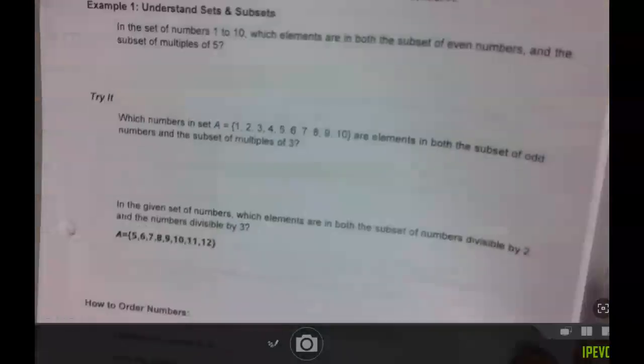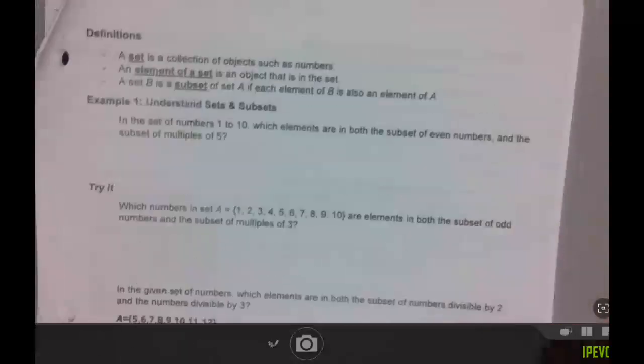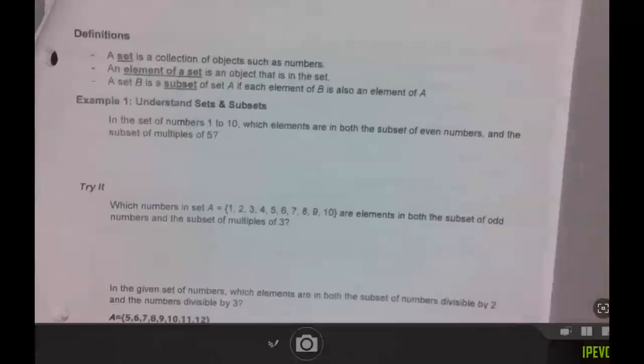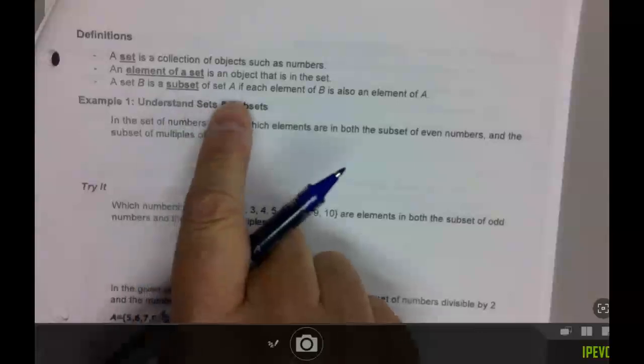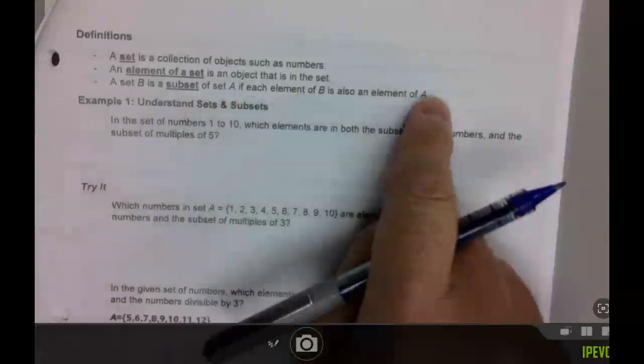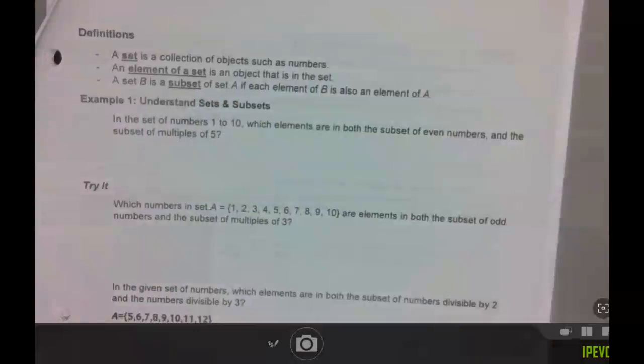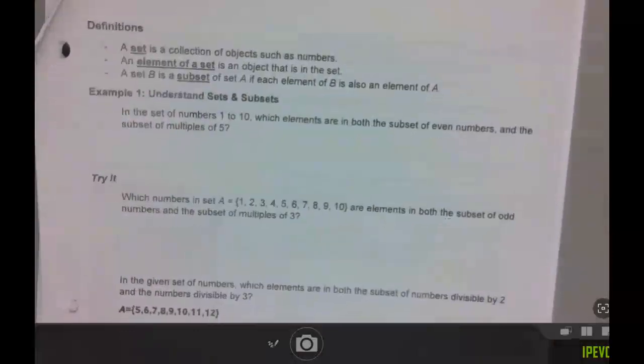A set is a collection of objects, such as numbers. An element of a set is an object that is in the set. Set B is a subset of set A if all the elements in B are in A. All right, here's your first example. You guys, this will be easy for you.